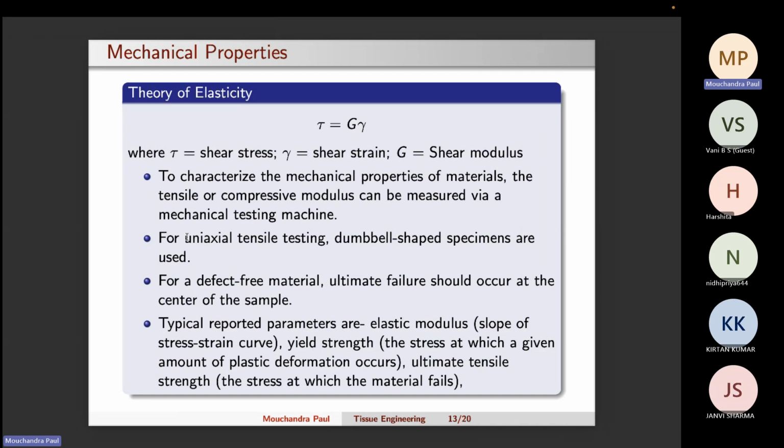Now you can do uniaxial testing, meaning the forces are experienced by the specimen along only one axis. For that you have to use a dumbbell kind of specimen, a dog bone shaped specimen. Okay, and we measure various parameters. While testing, as I told, we first measure the elastic modulus.